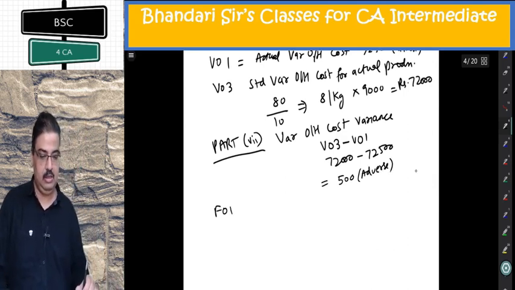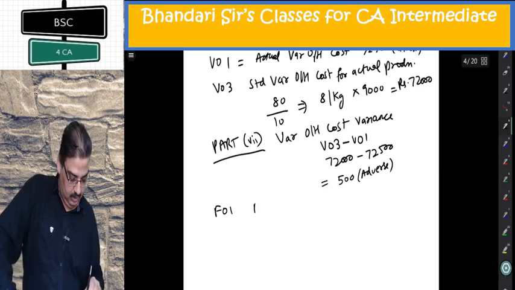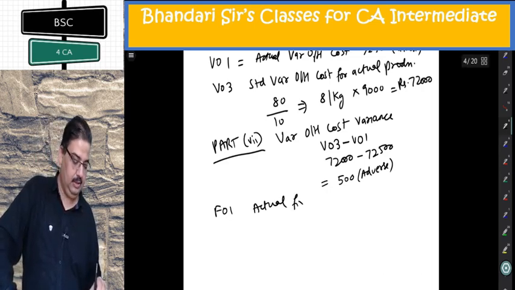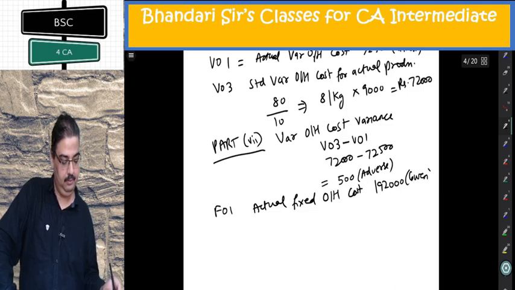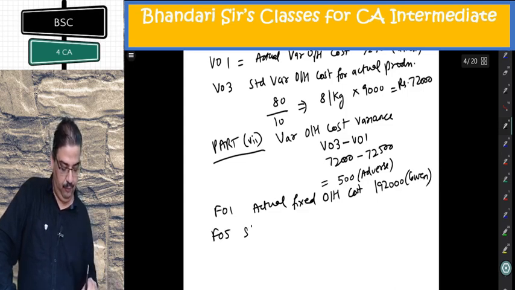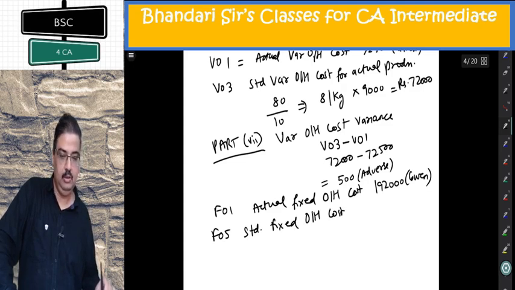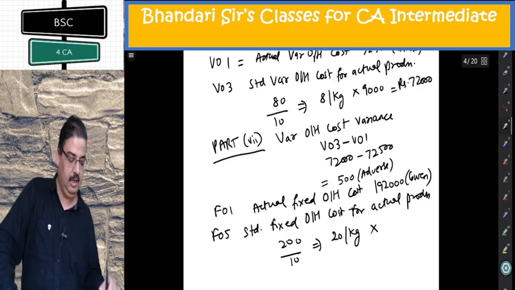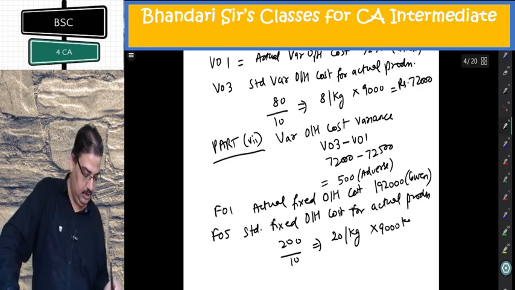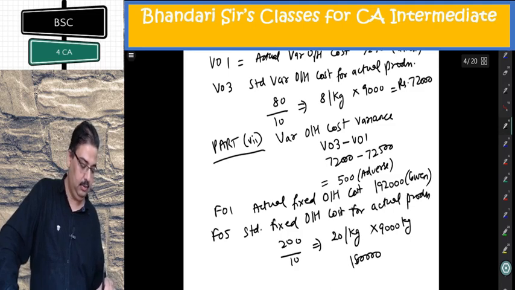Lastly, fixed overheads. FO1, actual fixed overheads, 1,92,000 given. FO5, standard fixed overhead cost for actual production, 200 divided by 10, 20 per kg multiplied by 9,000 kg output, 1,80,000.